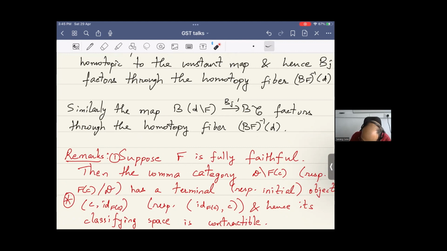I should define what this means. When I wrote D here, there's no functor in the picture, so I should have some functor.